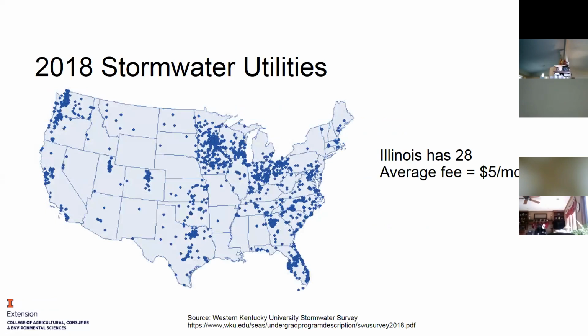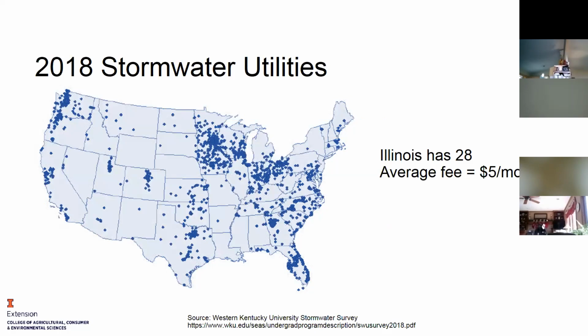I do want to mention that nationwide, many local governments use stormwater utilities to fund their stormwater projects. Illinois has 28 stormwater utilities, with an average fee being assessed of $5 per month.